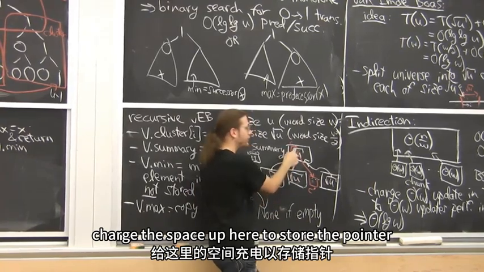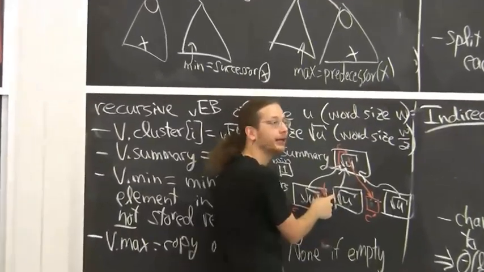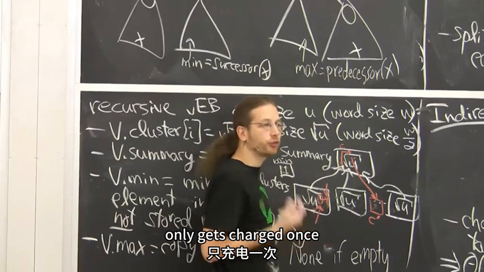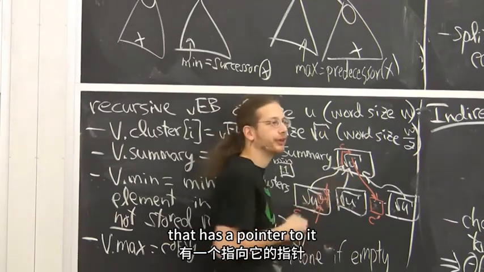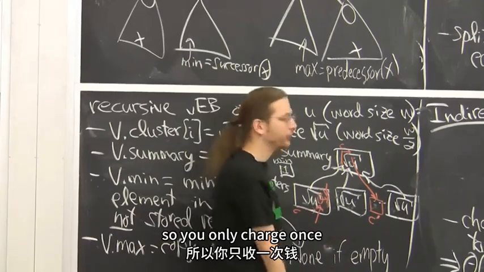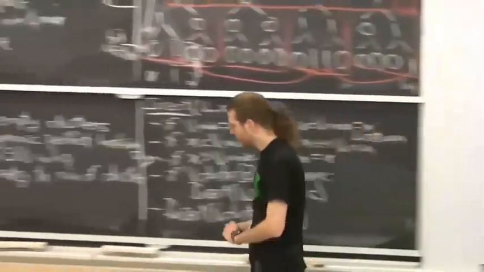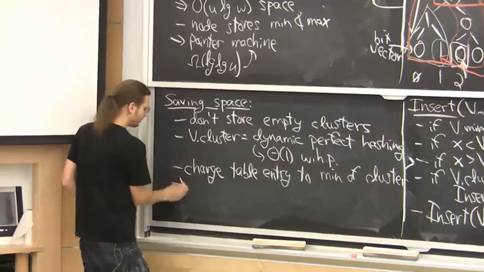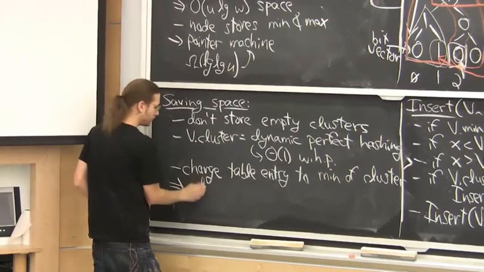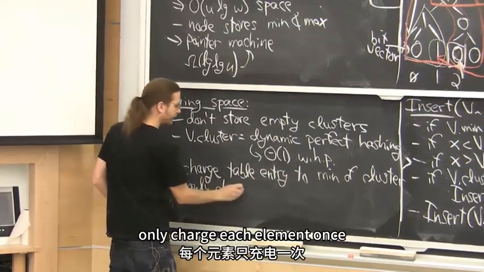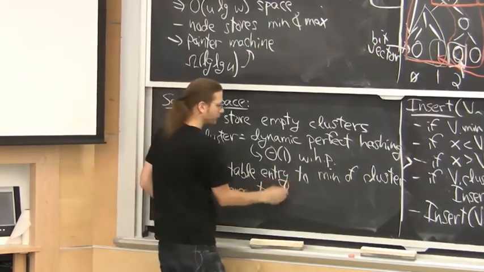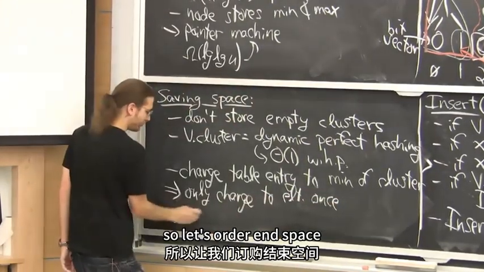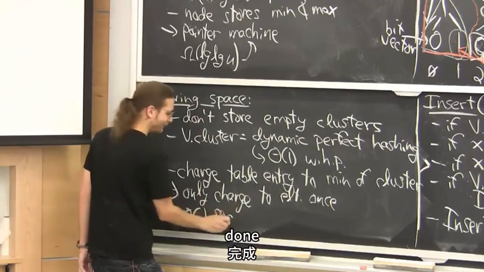Charge the space up here to store the pointer to that min guy. Then each min item only gets charged once, because it only has one parent that has a pointer to it. So you only charge each element once, and that's all your space. So that's order n space. Done.